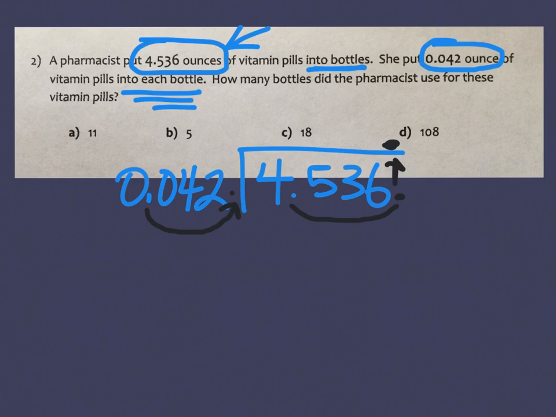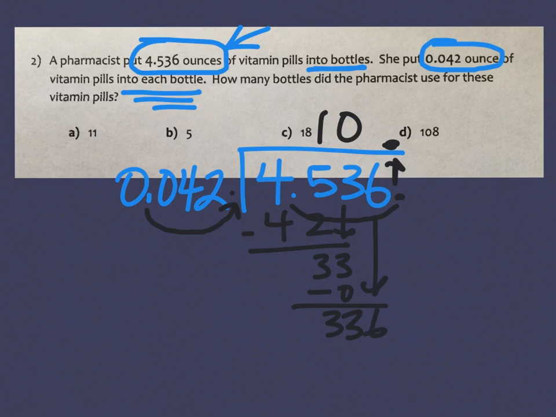So now 42 doesn't fit into 4, but it does fit into 45 one time. Bring down the 3. 42 does not fit into 33, so that's 0. Bring down the 6. 42 fits into 336 exactly 8 times. So we know the number of bottles needed was D, 108.